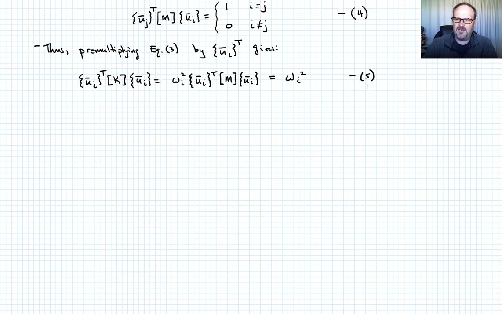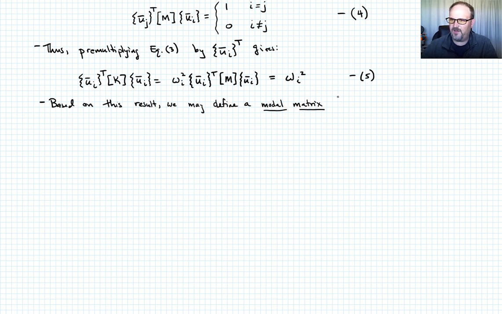So based on this result, we can define what's called a modal matrix. And we'll define that modal matrix as the matrix, capital Phi, where the columns of that matrix are all the eigenvectors that are normalized with respect to the mass.